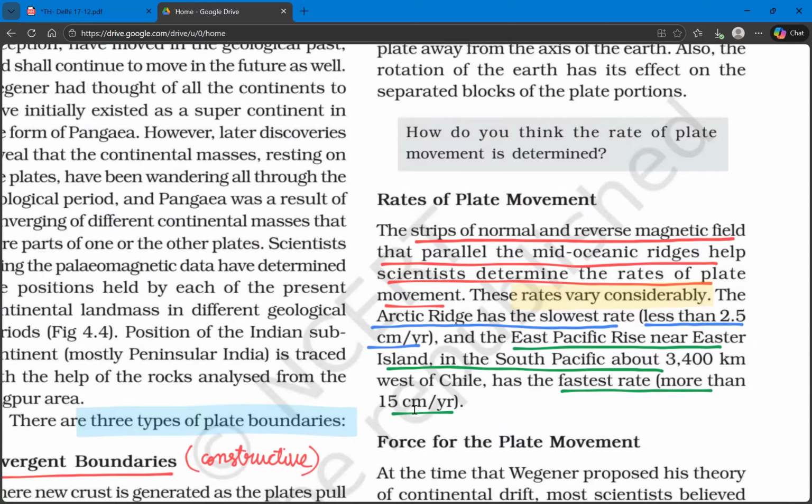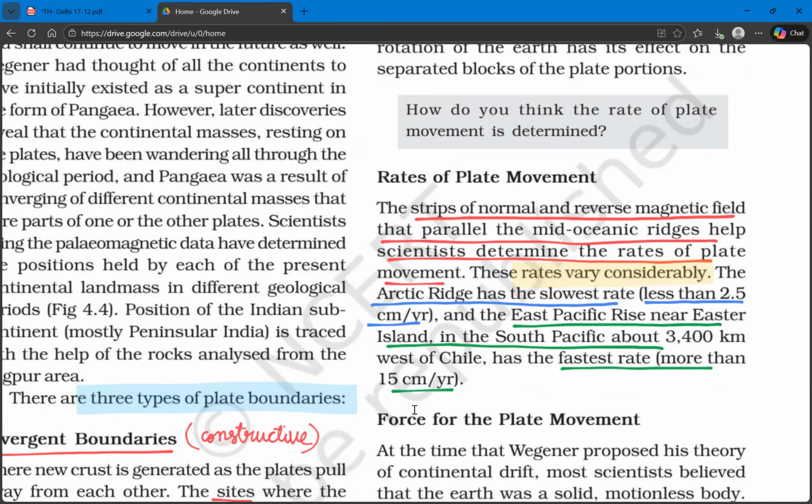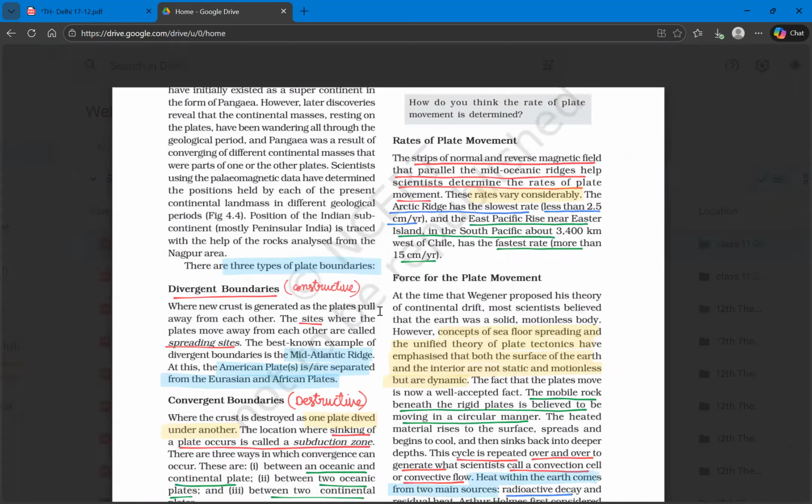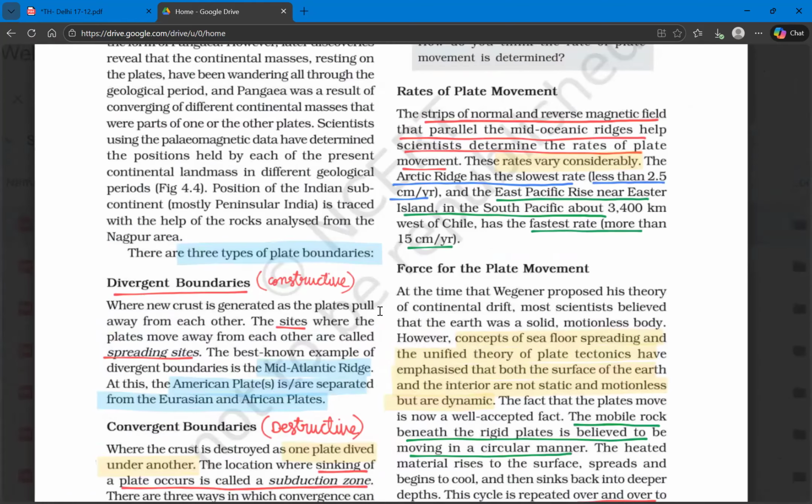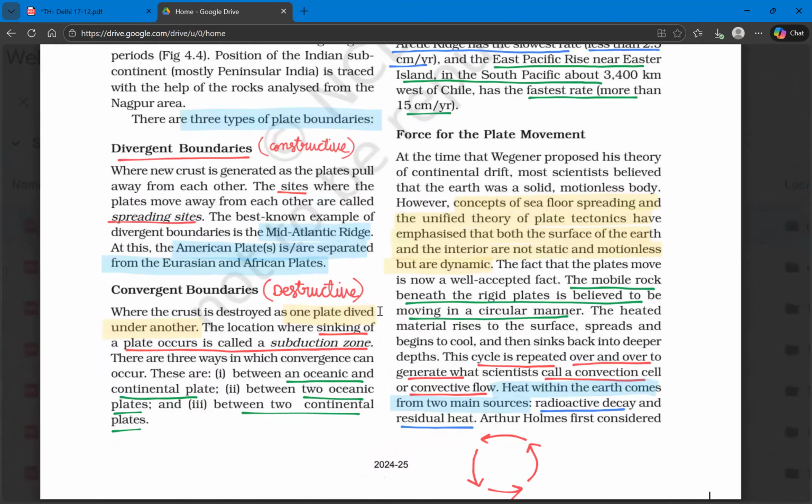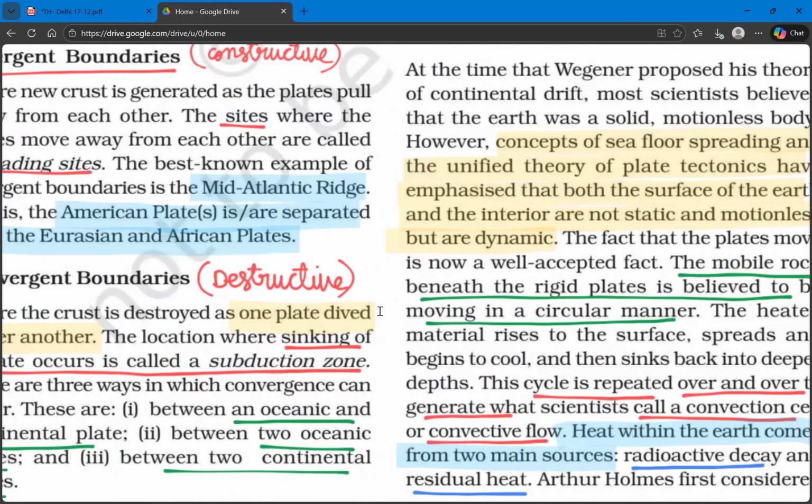So which is the slowest moving plate? That is Arctic ridge, which has less than 2.5 centimeter per year. And the fastest one is East Pacific rise, which has the rate of 15 centimeter per year. As we learned the rates of plate movement, now we'll see the force that is responsible for the plate movement.